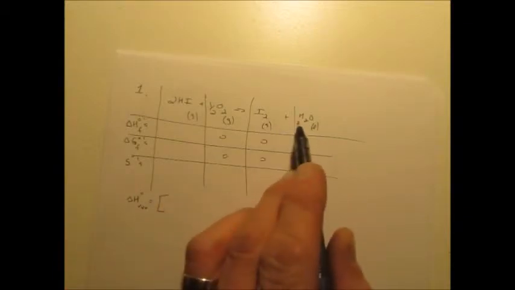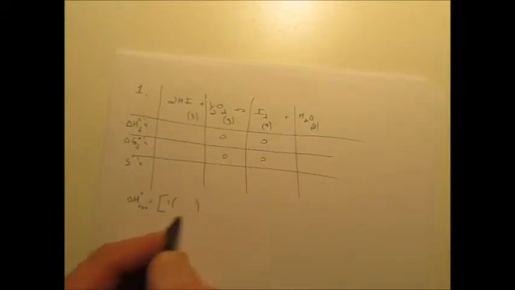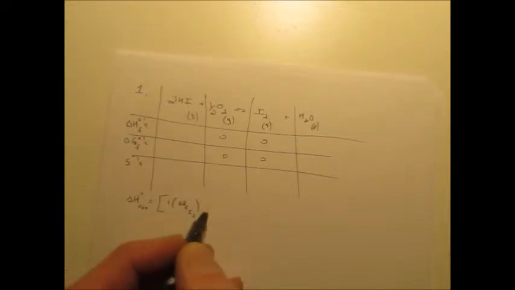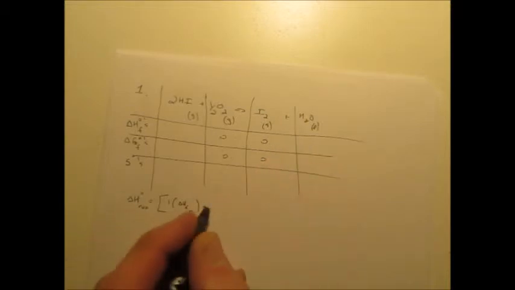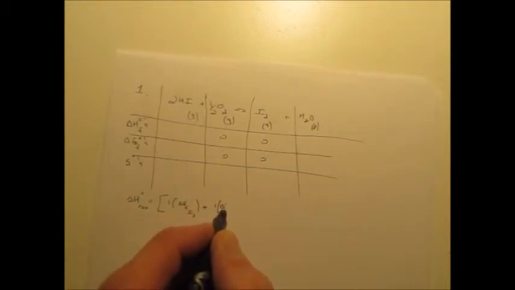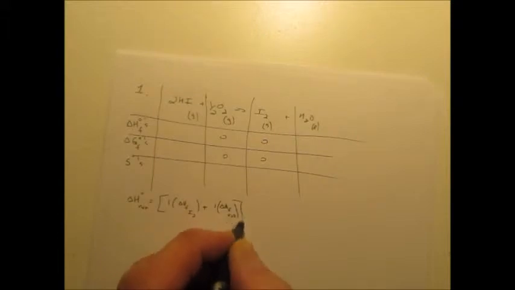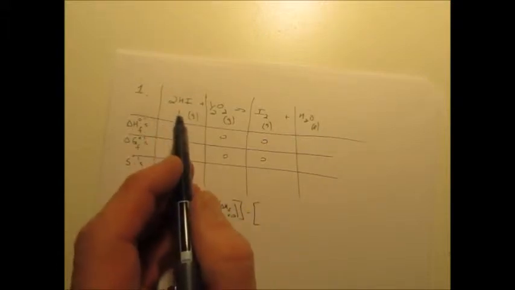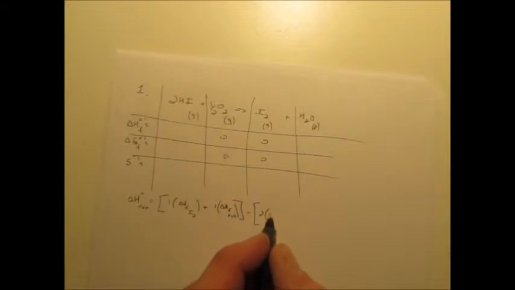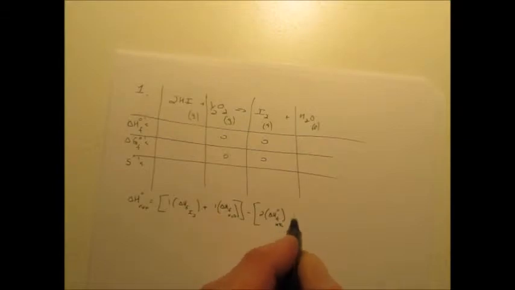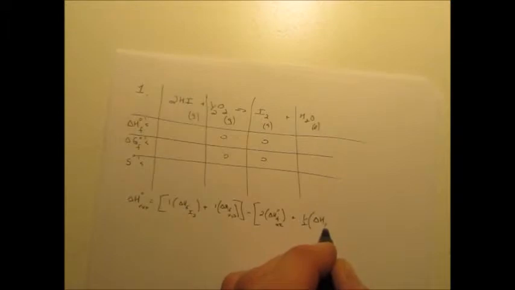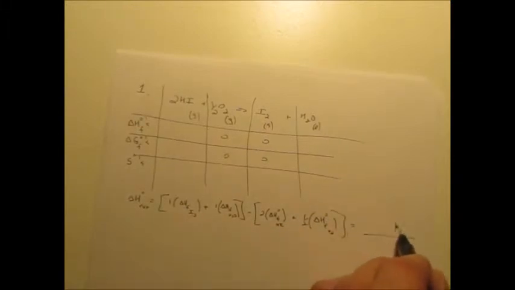So your products would be 1 times whatever delta HF of iodine was, plus 1 of those waters, delta HF of H2O, subtract off the starting material, so 2 times whatever the delta HF naught of HI was in the back of the book, plus 1/2 the delta HF naught of oxygen gas. And you get some number, and the units are in kilojoules per mole.